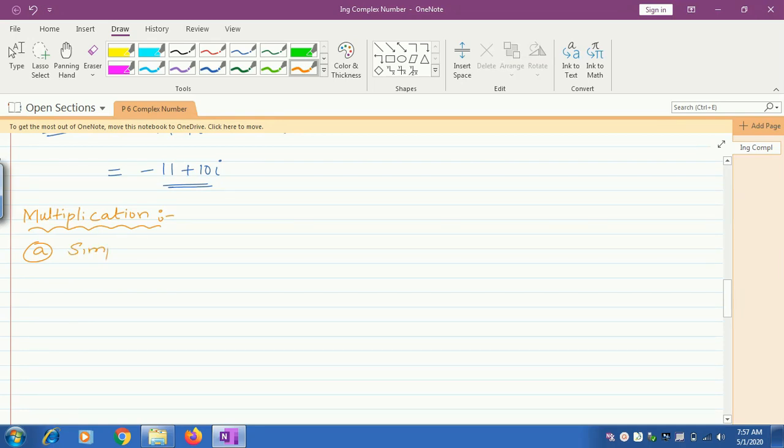Simplify (a) 3i into (2 minus 5i), and (b) (3 minus 4i) into (2 plus 5i).